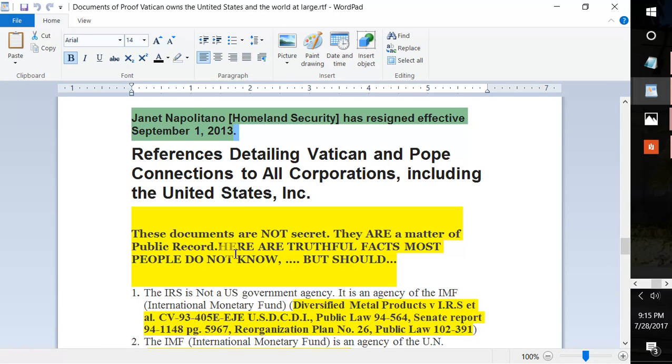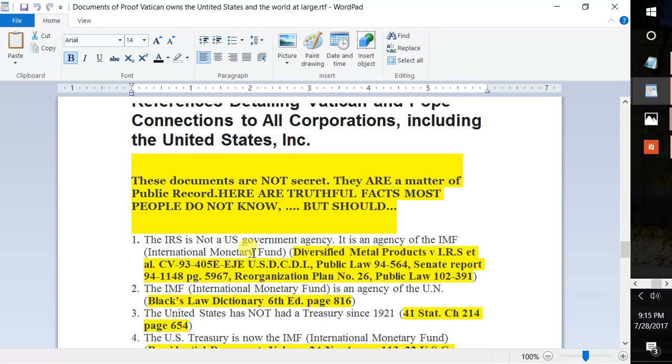So if you have the chance, and for those who actually study stuff like Angie Coulter, you can go look up these laws. It's public, all right? The ones that I've highlighted right here, as you can see if you're following my mouse, you can look up and see how these laws show you that the United States and all the agencies, including the United Nations, are all subject to Rome.